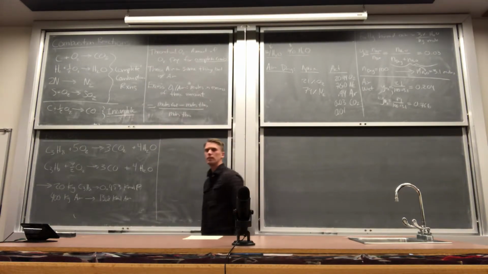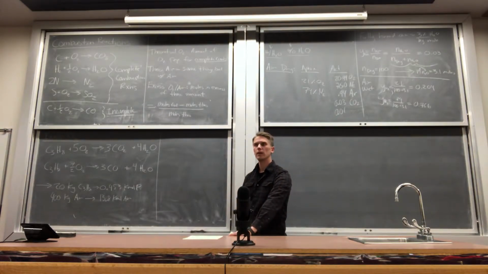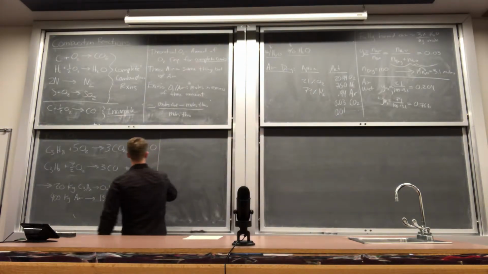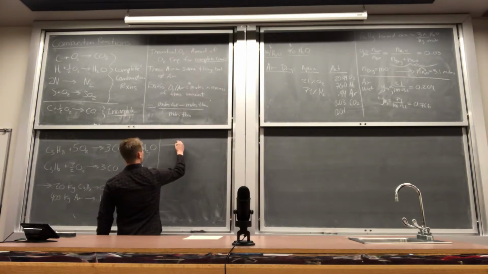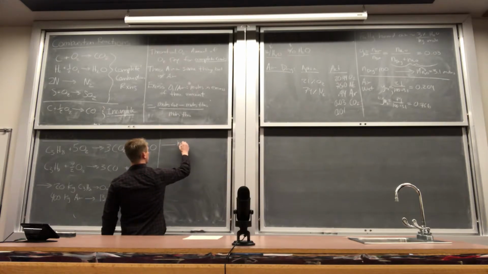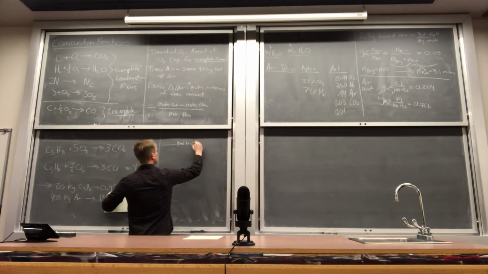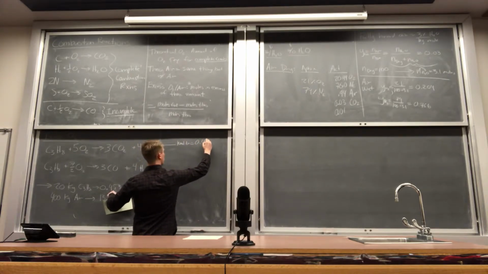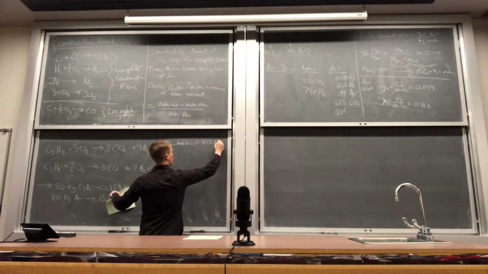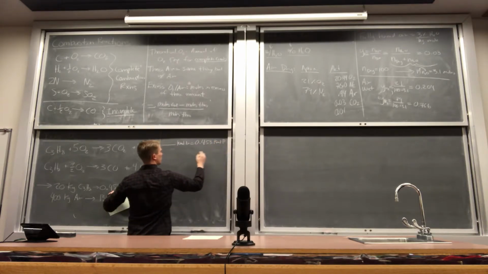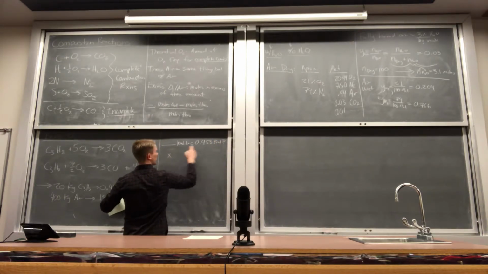First, let's do our theoretical air calculation. What we're basically asking for is blank kilomoles of air being equal to 0.453 kilomoles of propane.